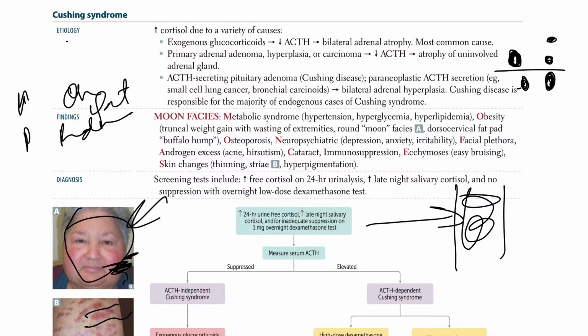And central android obesity will be seen: increase in abdominal fat and thin extremities, which is basically saying, again here, obesity, trunk. So increase in abdominal fat and thin extremities. We talked about that one.